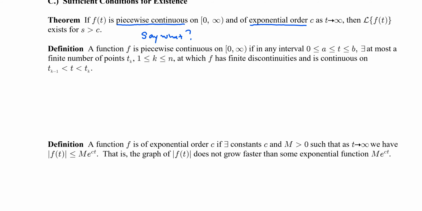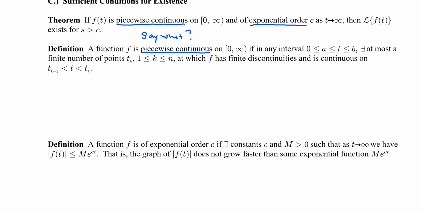First of all, piecewise continuous. A function f is piecewise continuous on the interval from 0 to infinity if in any interval 0 less than or equal to a, less than or equal to t, less than or equal to b. This means that I have t on some finite interval, and notice t is still greater than 0.